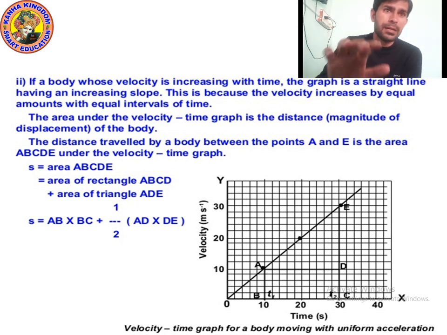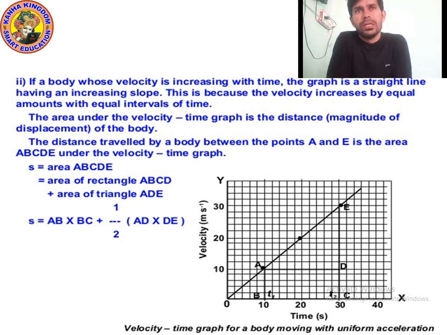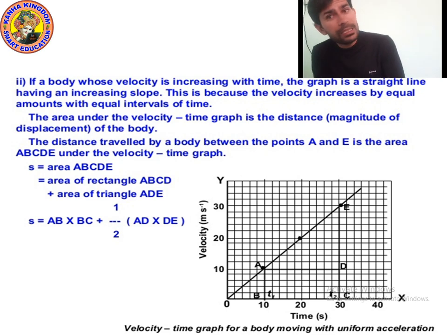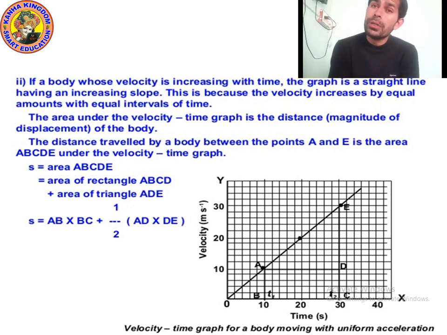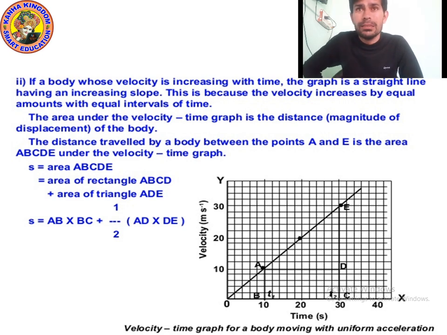So if a body's velocity is increasing with time, means velocity is changing, and acceleration is produced, then the graph will be a straight line graph, because the velocity increases by an equal amount in equal intervals of time.